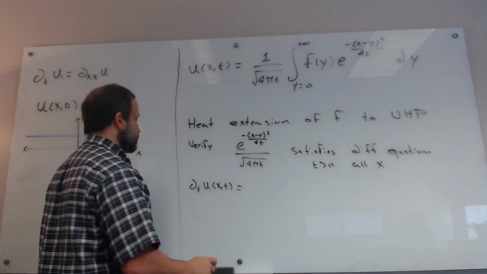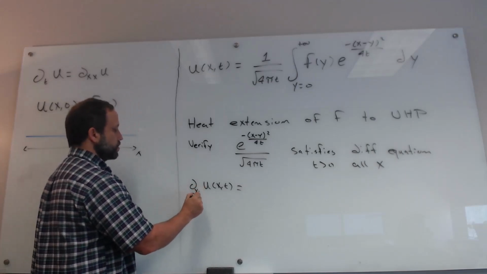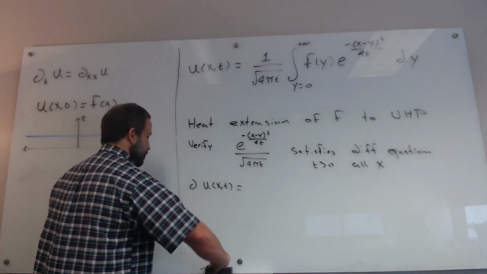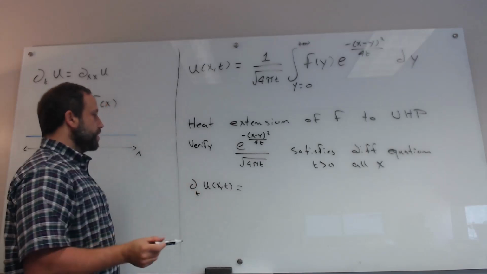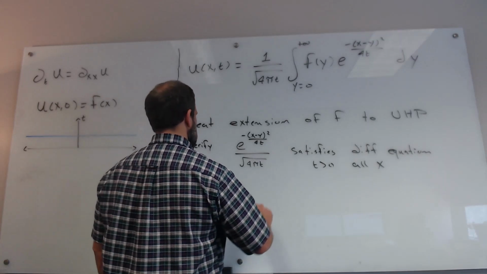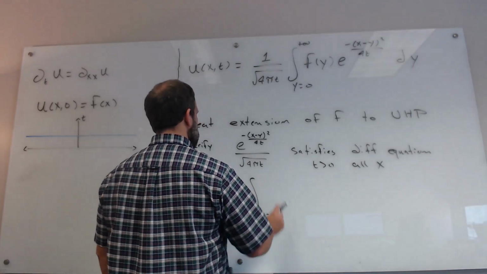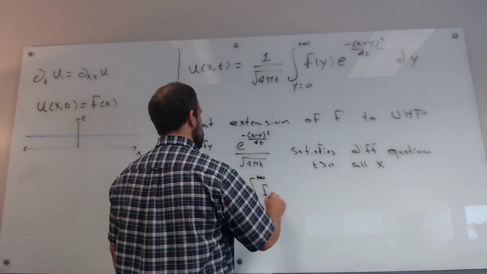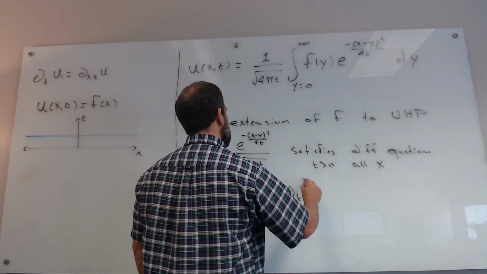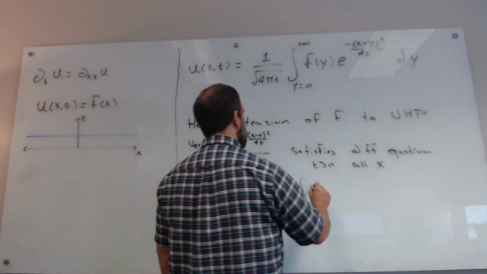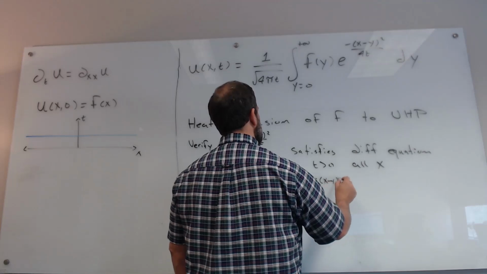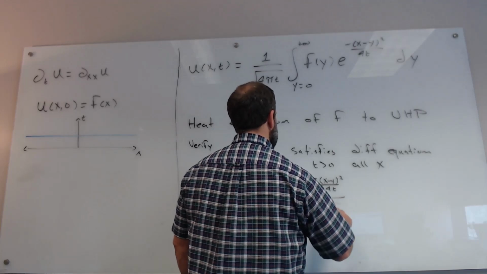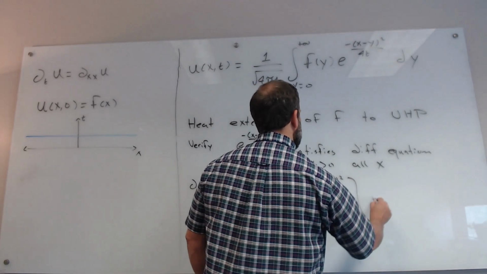We want to show that this is equal to the integral, y equals minus infinity to positive infinity, of f(y) times the t derivative of e to the minus (x minus y) squared over 4t, divided by the square root of 4 pi t, dy.